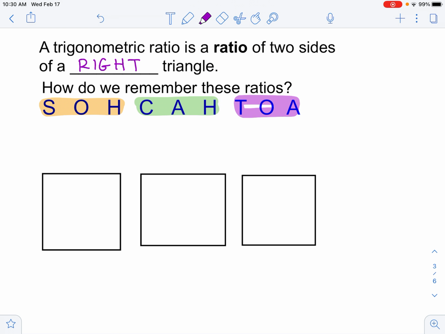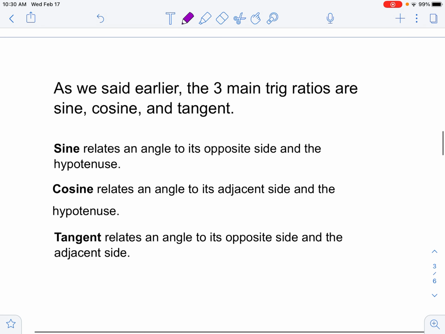So, Sohcahtoa. Okay. What does the SO stand for? SO stands for that you are going to use the trig ratio of sine, and that is for the opposite and the hypotenuse. So that's if you have the ratio of opposite over hypotenuse.